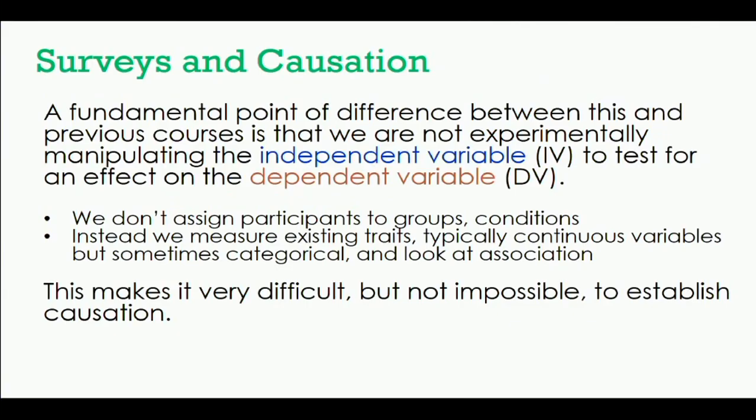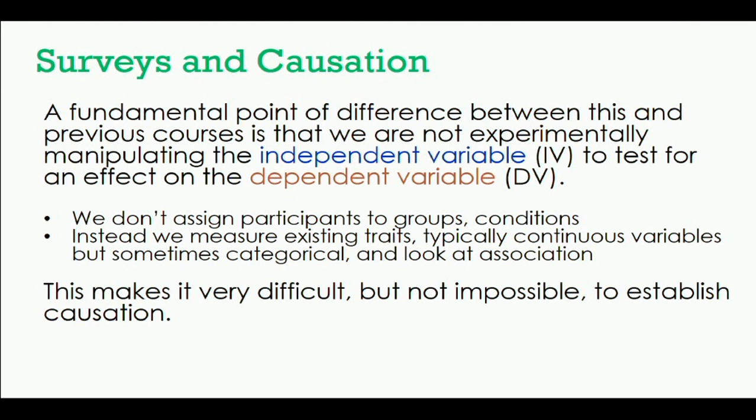So a fundamental point of difference between this and what you've done in previous courses is that we're not actually going and experimentally manipulating the independent variable with the survey. We're not delivering an intervention or a treatment to test for an effect on the dependent variable.